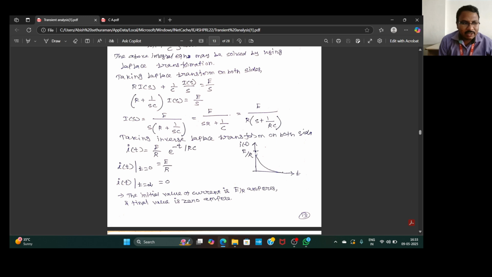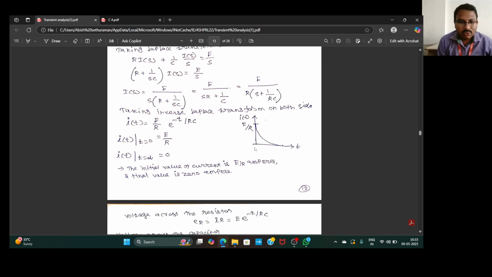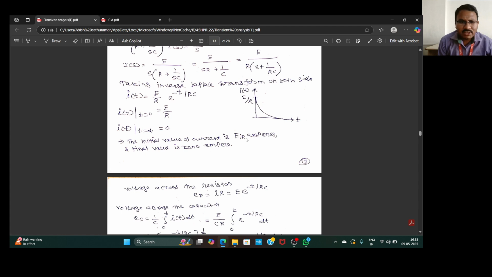In the RL circuit, when t reaches infinity, the current value is E by R. But in the RC circuit, it is the opposite. At the initial condition we obtain E by R, and at the infinity limit we obtain 0 as the current value. This is the waveform for I of t versus t. The initial value of current is E by R amperes and the final value is 0 ampere.